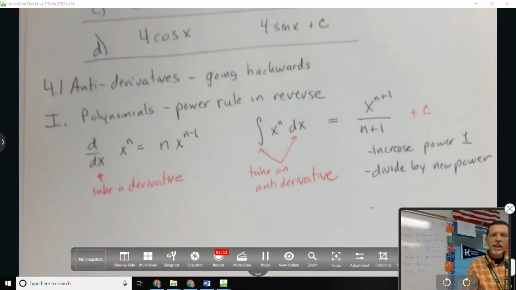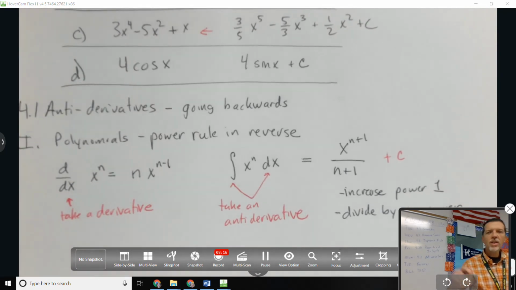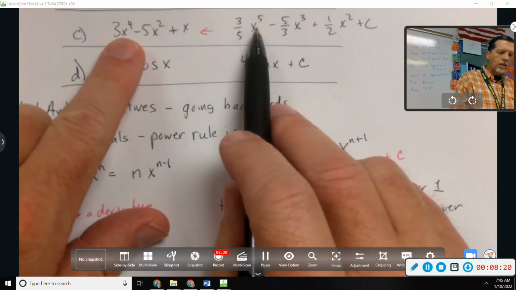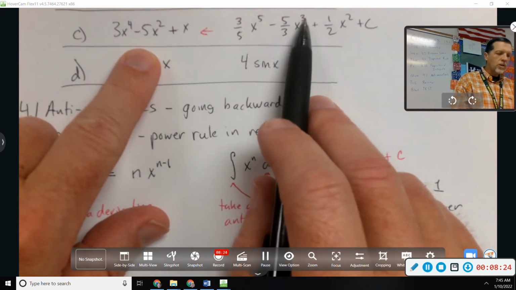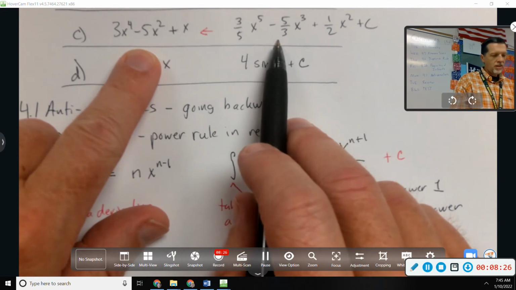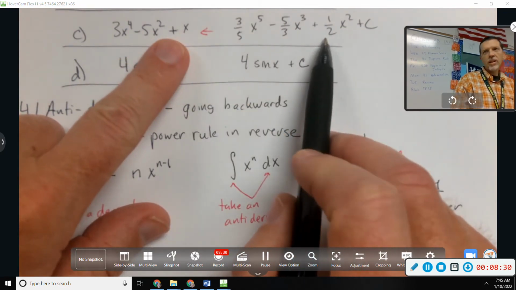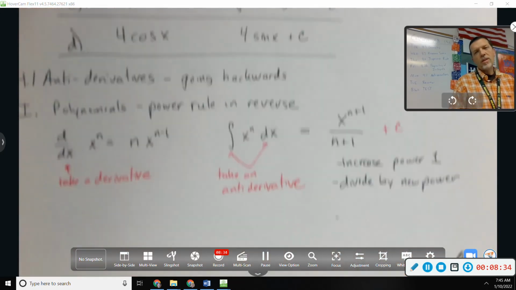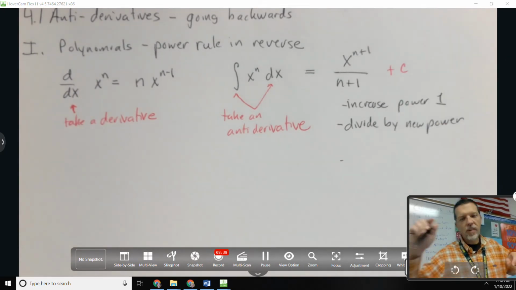And maybe that helps make sense of the c from the warm-up. 3x to the fourth, so we increase the power by 1 and divide by the new power. 5x squared, increase the power by 1, divide by the new power. x, increase the power by 1, divide by the new power. So it makes things go a little faster if you know the backwards rule. But again, some people don't really ever memorize that rule. They just figure it out as they go.